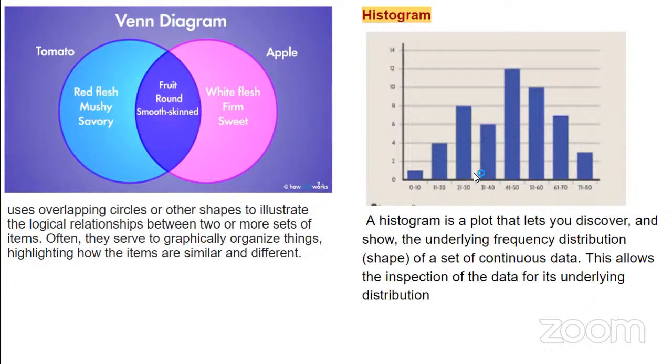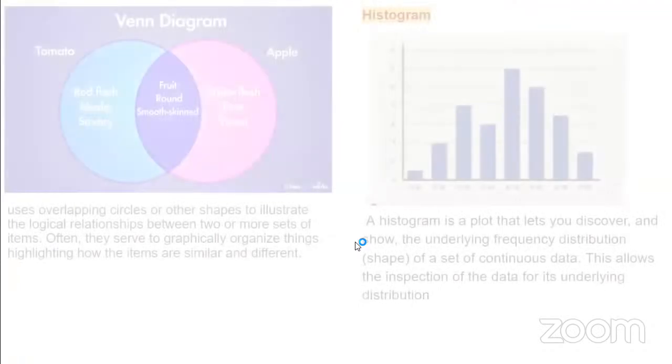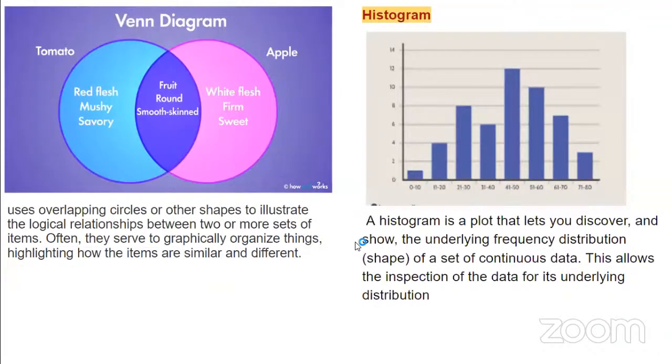So we are using a histogram to group the data in such a way that instead of having so many bar charts or column charts, you just use a histogram to explain the data grouped in terms of groups.